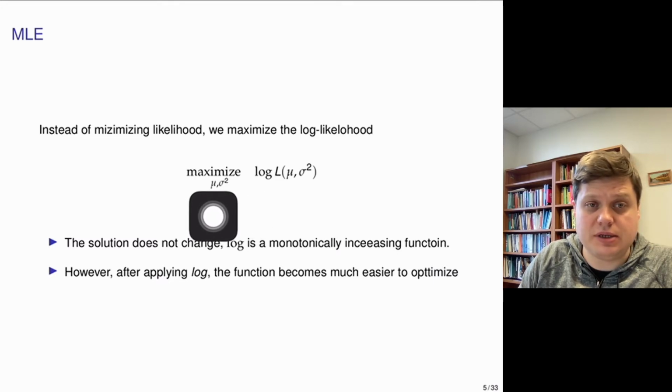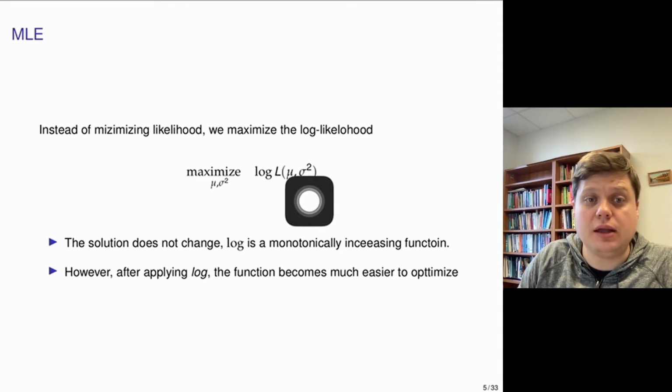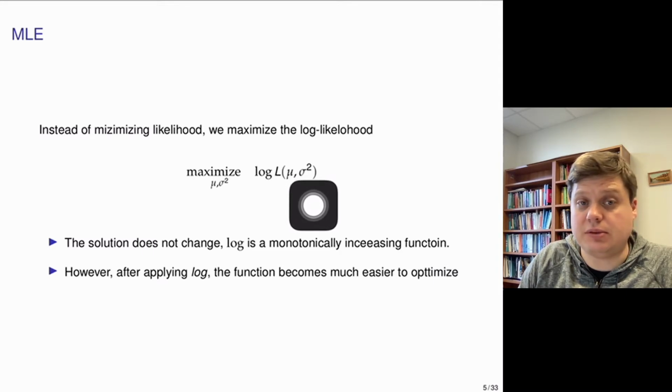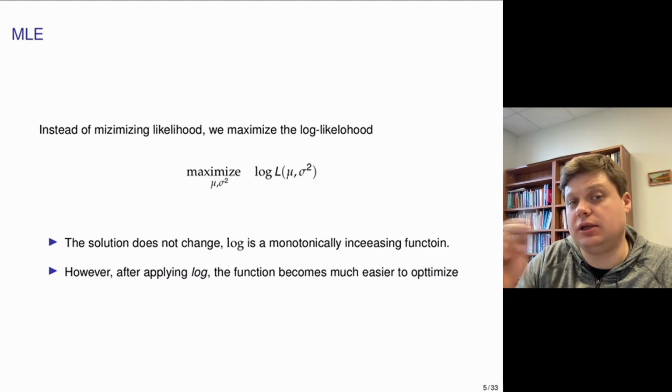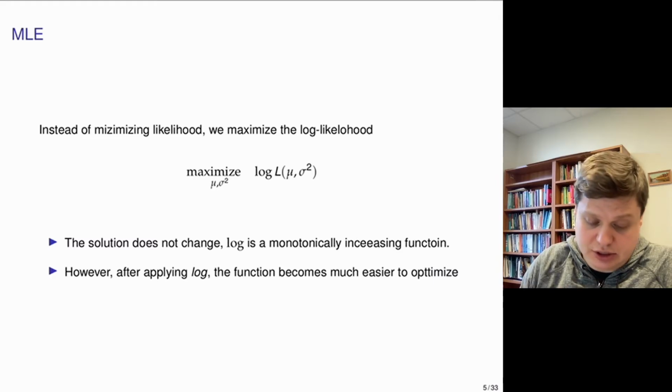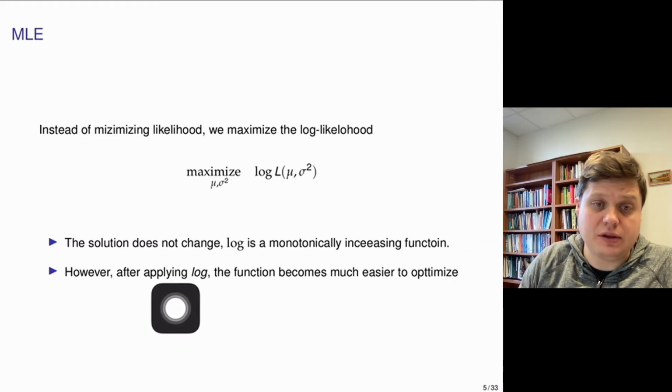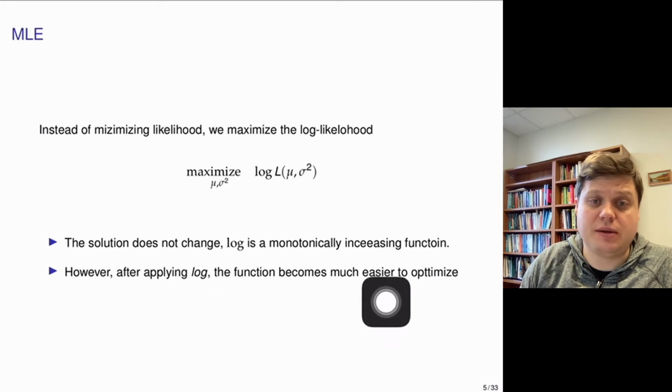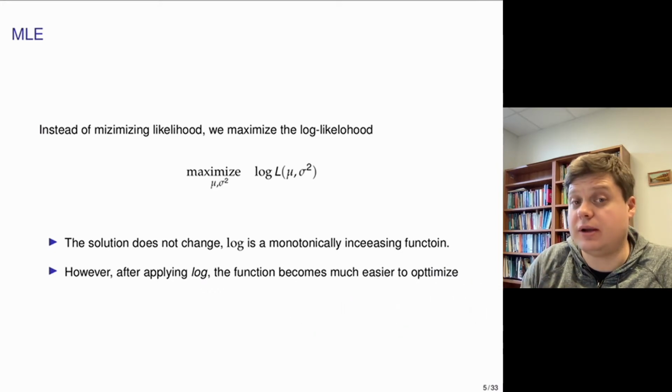And instead of optimizing the original likelihood, we'll optimize the logarithm of the likelihood. Fortunately, the solution of the problem doesn't change because logarithm is a monotonically increasing function. So if you apply a monotonically increasing function to your objective function, then it doesn't change the solution. However, after applying the log, the function becomes much easier to optimize. My function actually becomes concave.